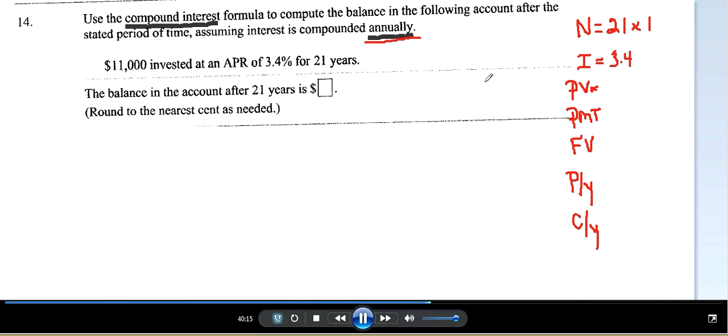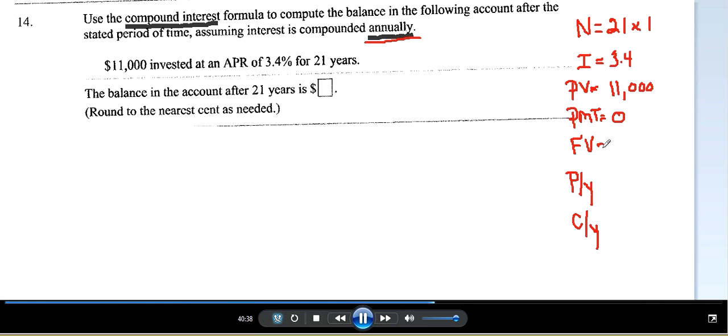PV, the present value of this investment, is $11,000. The payment doesn't apply. We're not doing payments, so just put a 0 in there. You have to have a numerical value like 0, otherwise the program won't operate for you.